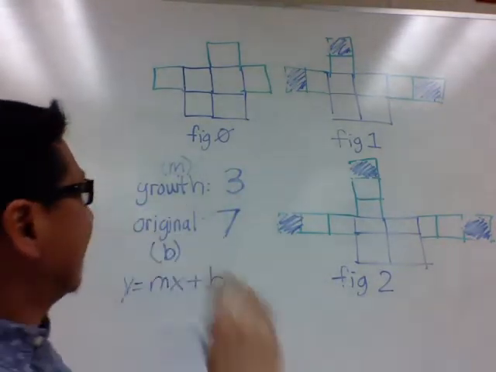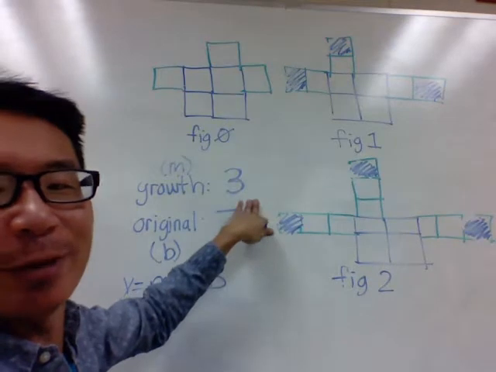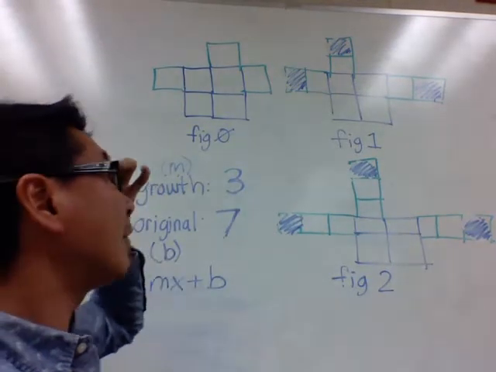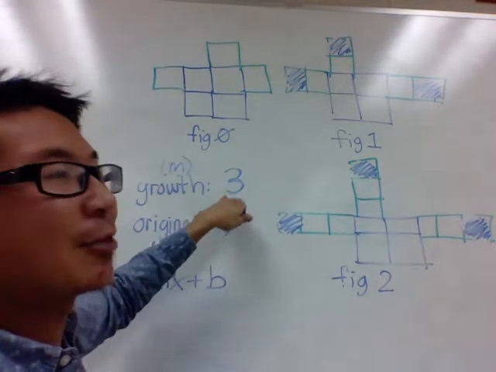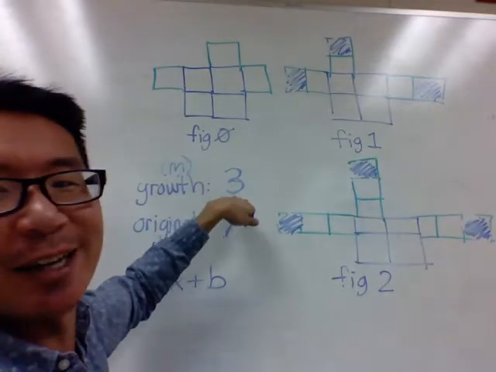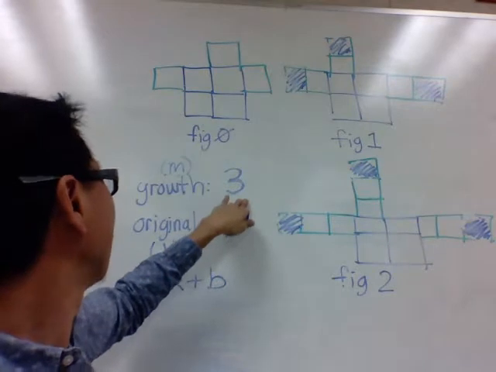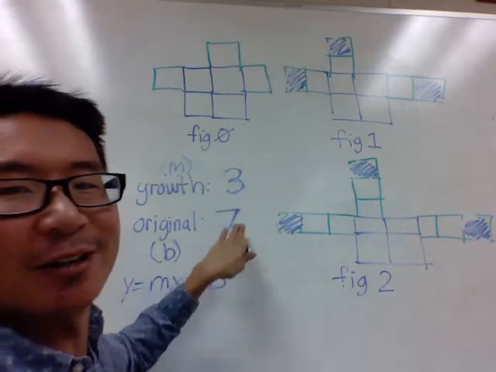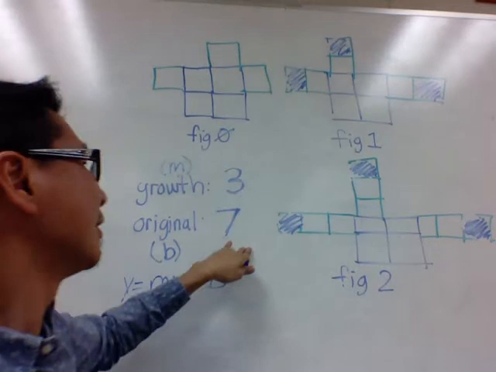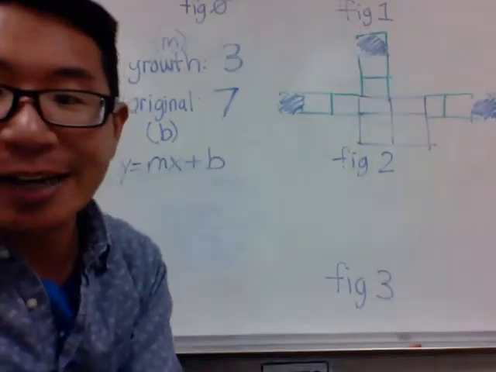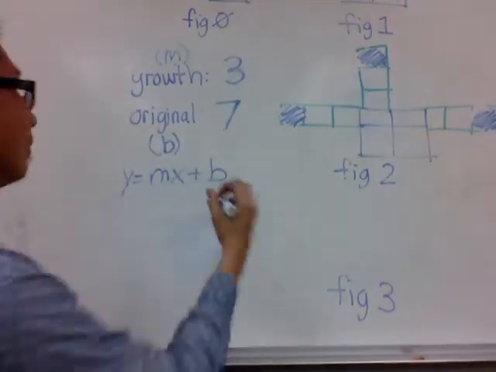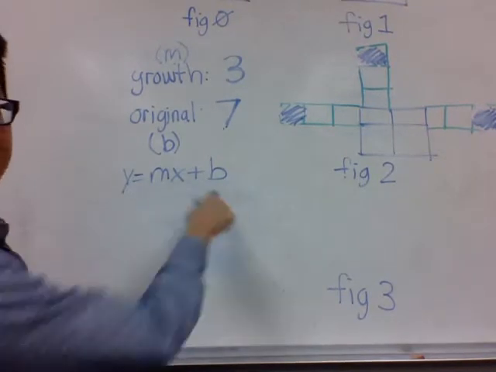Now, by using this, I can make up a rule. Every single time the figure grows, it's growing by 3 new blocks. So that's 3 times, because multiplication is repeated addition. And then the original started out with just plain old 7. So I'm going to write this out as an equation: y equals mx plus b, just like in linear equations.